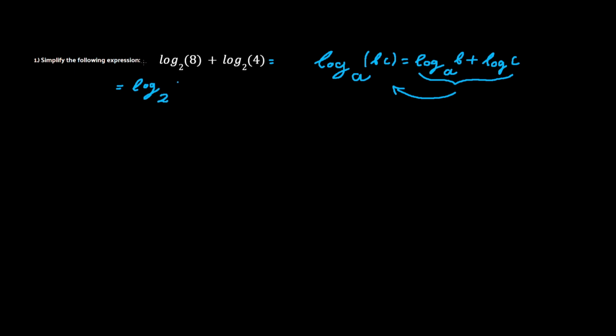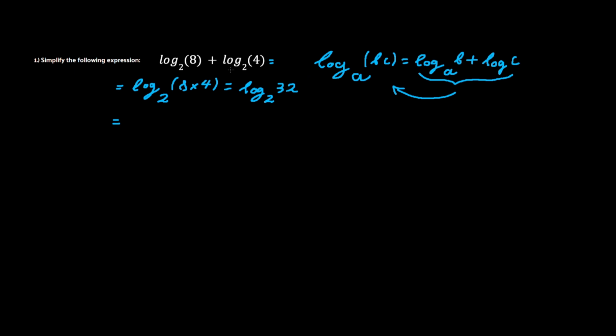Log 2 of 8 times 4, and this is equal to log 2 of 32. Of course, the log you can write it without the brackets, although I would recommend writing the brackets as well.